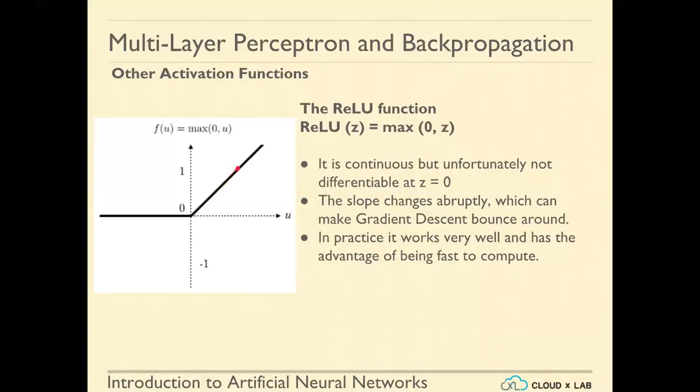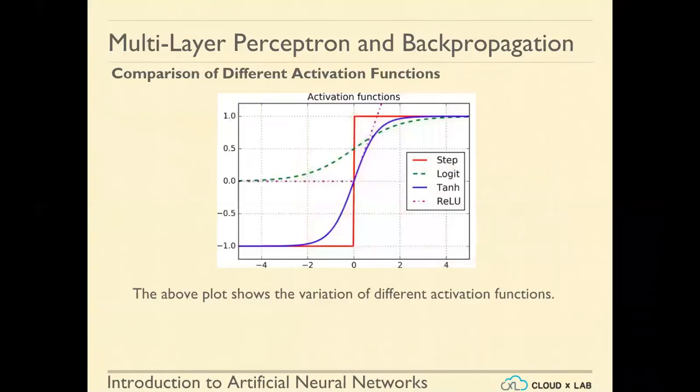A very tiny bit of change and the slope goes down drastically, abruptly. That's the only problem with ReLU, but in practice it works very well and has the advantage of being very fast to compute.